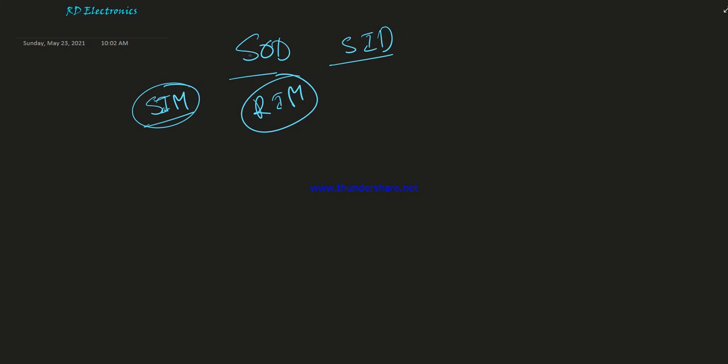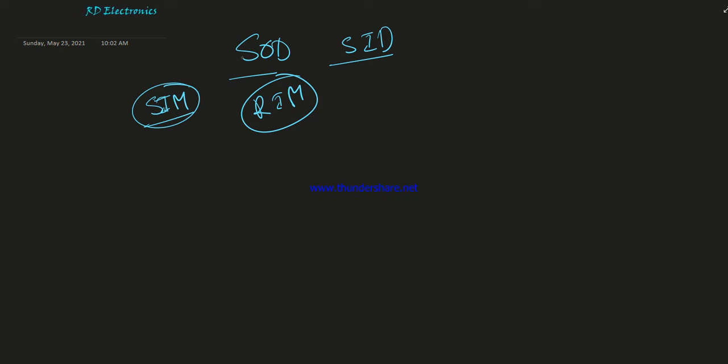So in this tutorial, we discuss serial output data, and how it is formatted using the SIM instruction. The SIM instruction is necessary to output data serially from the SOD line.